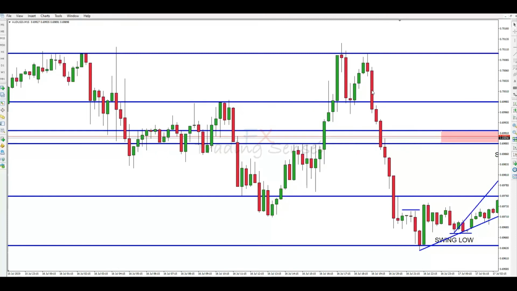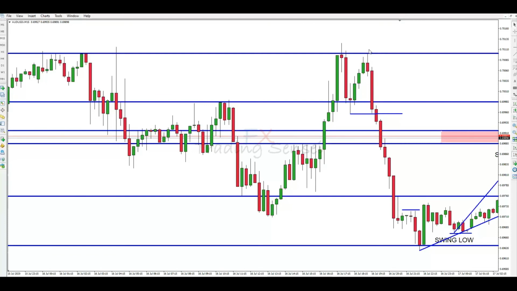So once price, this is the reverse of what we just did. Once price breaks this low right here, this becomes a confirmed swing high that's lower than this one. Remember, in a downtrend, we need to see lower highs, lower swing highs, lower swing lows.